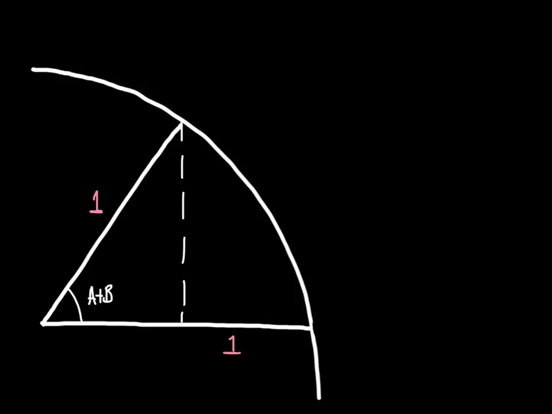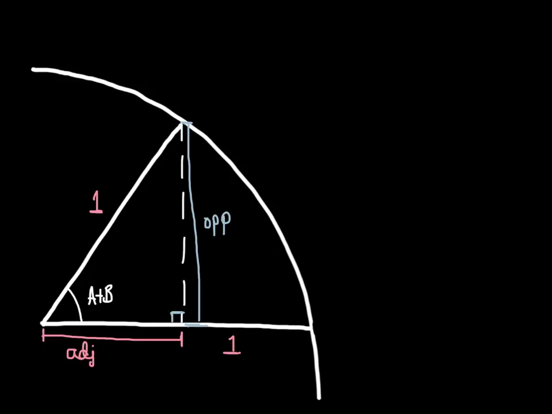And now I'm going to look at this length here and this length here. So I've created myself a little right angle triangle, and I'm interested in knowing what these two sides are. So the opposite here, this is our opposite, and this is our adjacent.